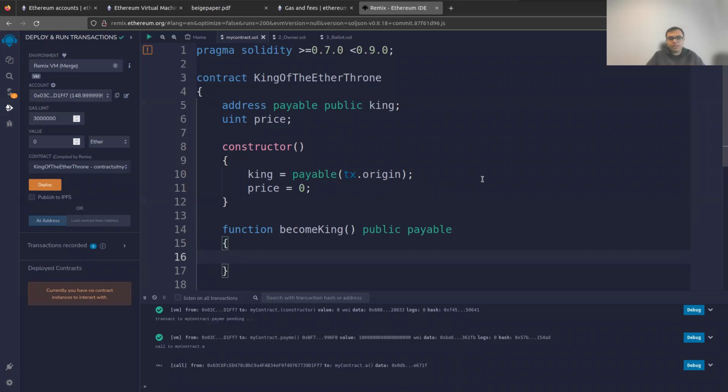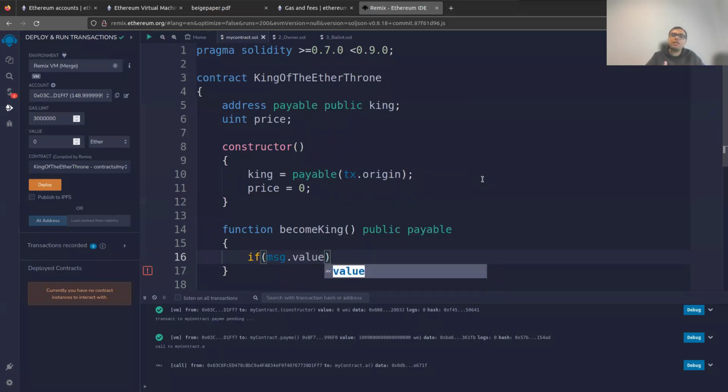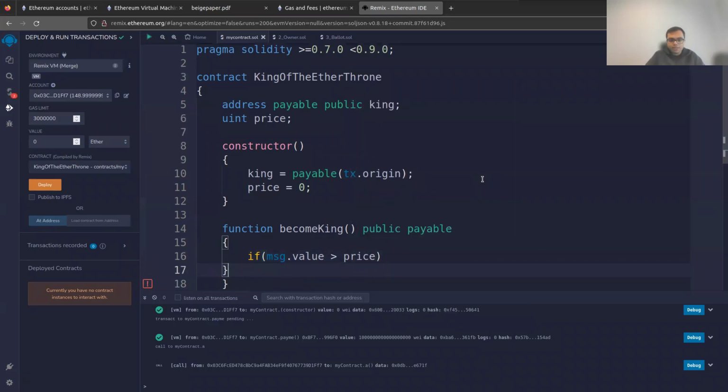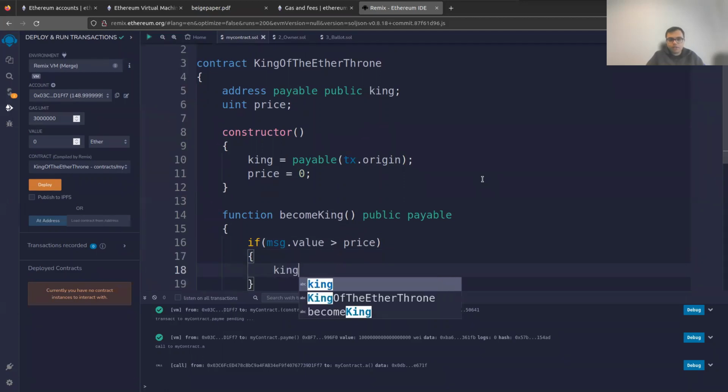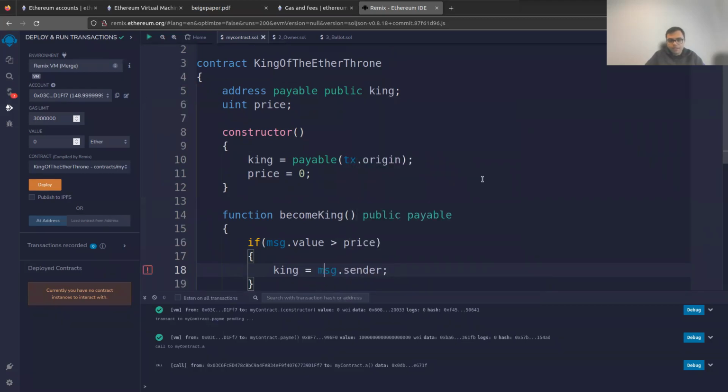What this does is that if msg.value, the amount of money that was paid to this function, is more than the price, then we change the king. So we say our new king is msg.sender. Again, I have to make sure that I'm doing a typecast.